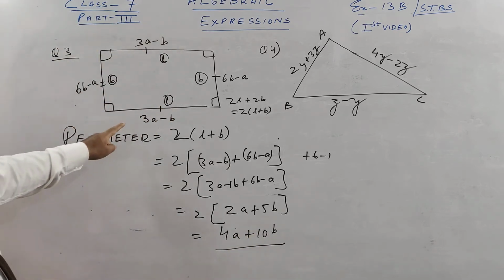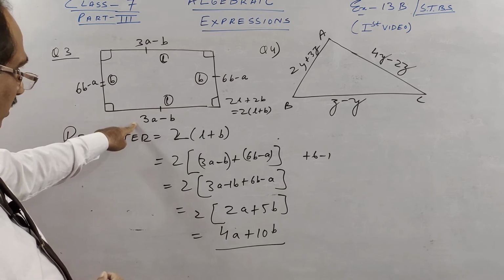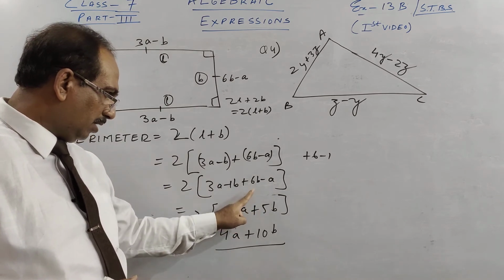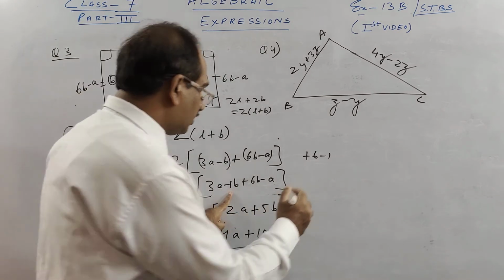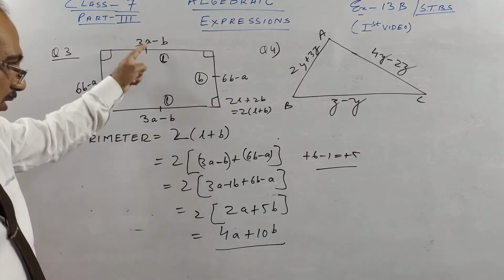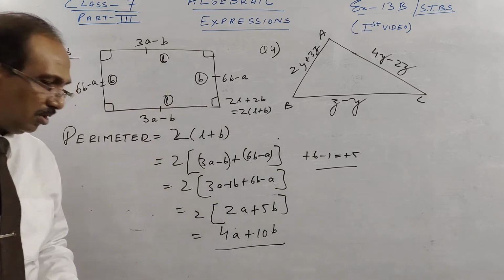Let me check once again: 3a minus b plus 6b minus a. 3a minus a is 2a, plus 6 minus 1 is plus 5b. You double it because we have 2 lengths and 2 breadths.